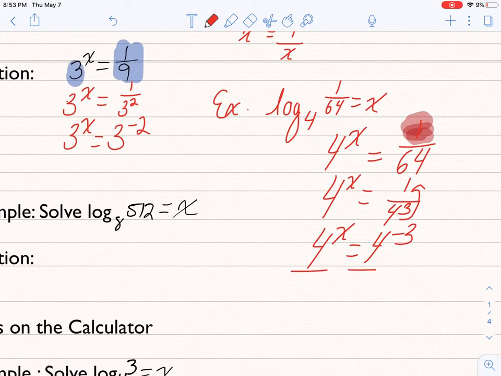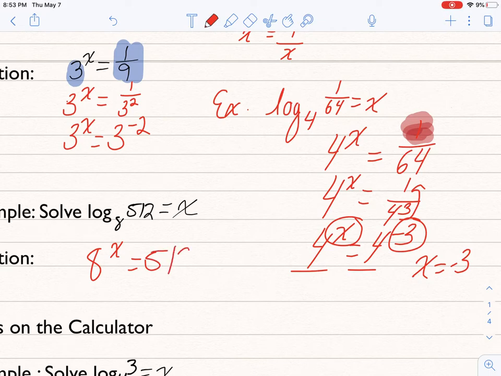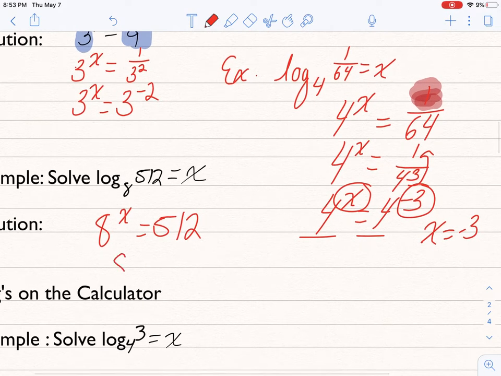Again, my bases are the same, so therefore my answer should be x equals negative 3, because my exponents have to be equal. All right, and then finishing it off, 8 to the x equals 512. I want my bases to be the same, so 8 to what power is 512? That would be 3, so therefore my answer is x equals 3. All right.